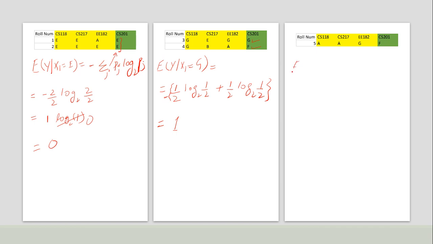So the entropy of y given x1 has the value a is 0, because there's only one record and all the records have the same value. So these are the three entropies, where two are 0 and the second partition has entropy equal to 1.